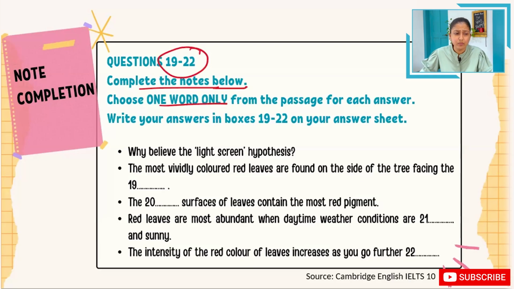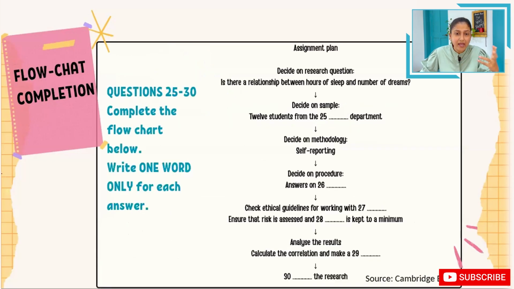This is simple. I'm hoping that by now this is clear, that whenever it is more of fill in the blanks, you will see that the instructions are always giving you certain limitation of words. Now this is another example of flowchart completion, where again what do we see? There are questions from 25 to 30, and again we see certain blanks over here.